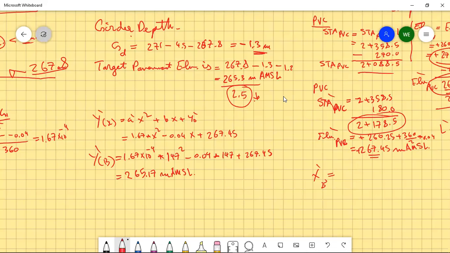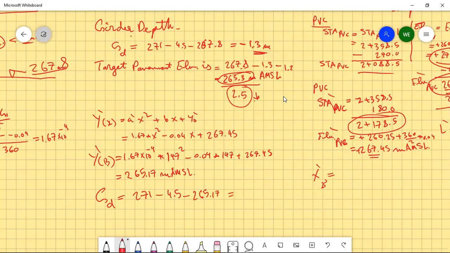So basically now we are below this value. So the girder depth equals 271 minus 4.5 minus the pavement elevation underneath the bridge.